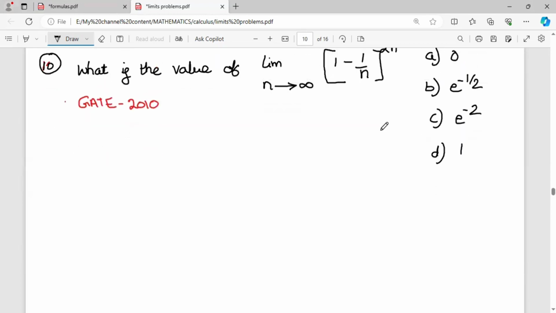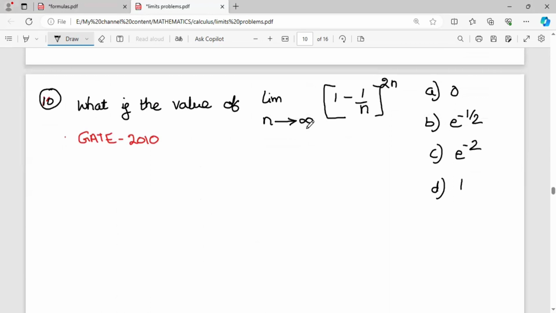This question was asked in 2010. Limit n tends to infinity, 1 minus 1 by n whole power 2n. This can be simply written as limit n tends to infinity, by the simple application, 1 minus 1 by n whole power n, whole square.